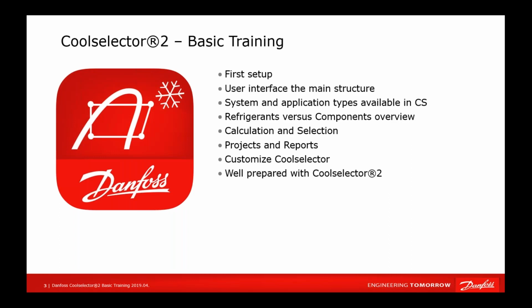There are some tools available, such as the refrigerants versus components overview, which will give you quick information on what is available in Coolselector, which component and together with which refrigerant. This is an important point. With today's refrigerant variety, it's sometimes not that easy to keep the overview, but this tool will help you.